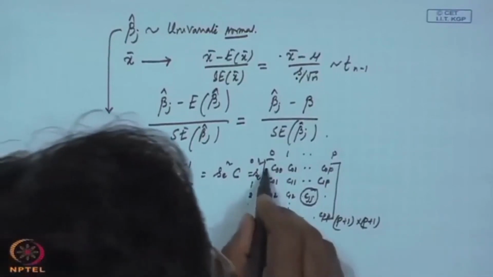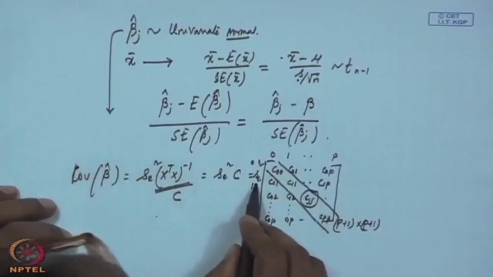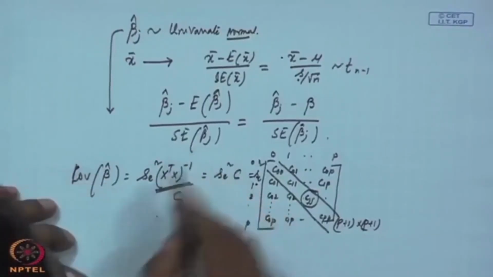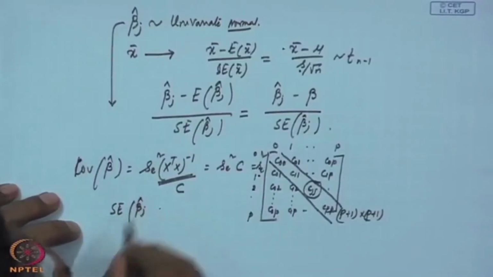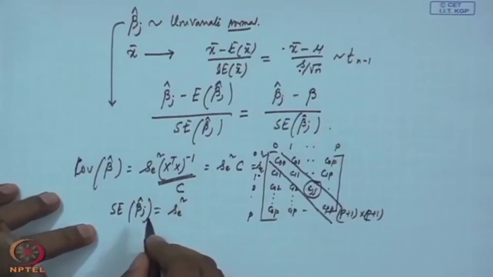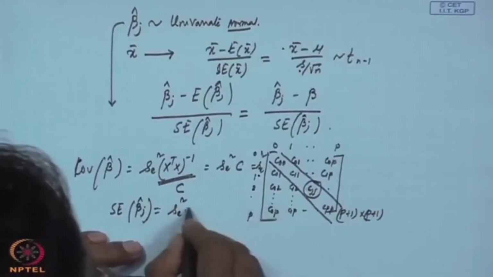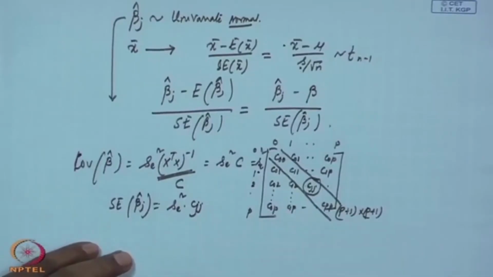The diagonal elements of this, when multiplied by σ², give you the variance of beta j, so this will be σ² into C jj, and the off-diagonal elements give you the covariance between the parameter estimates.